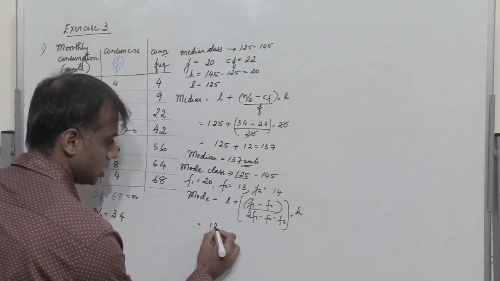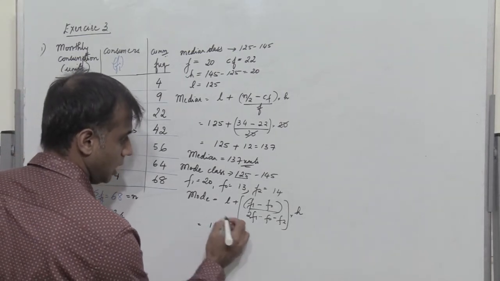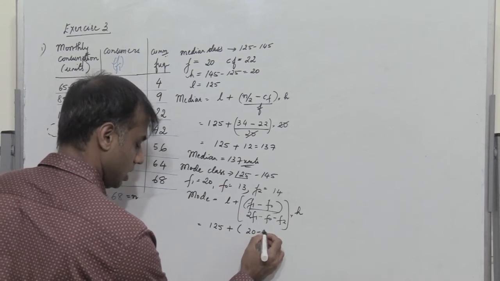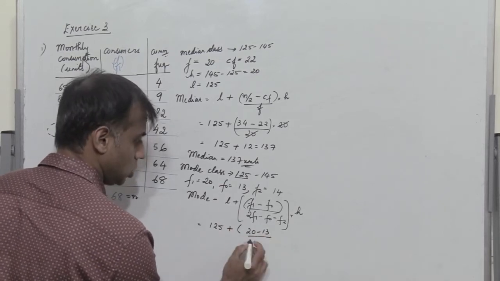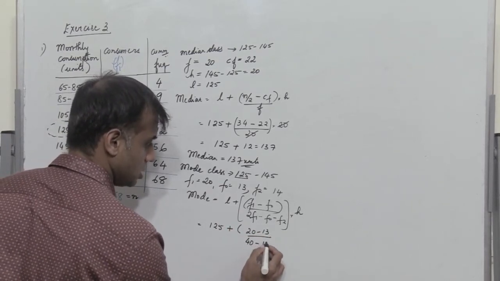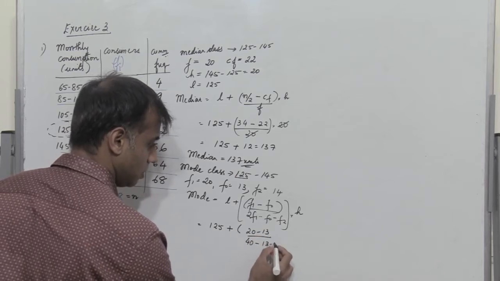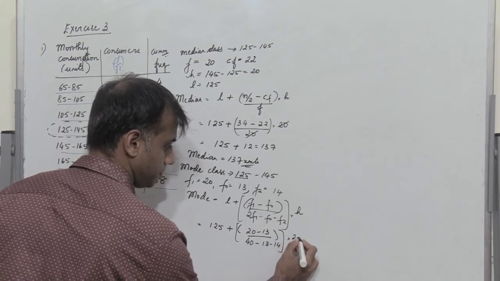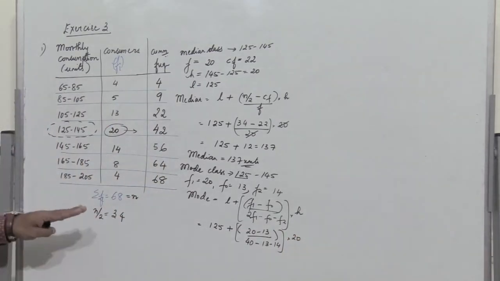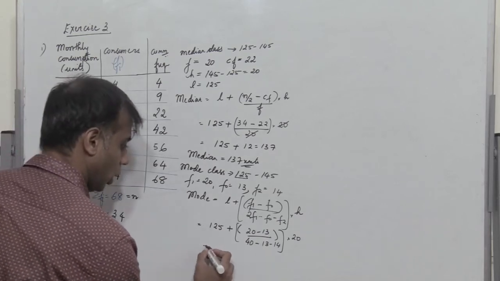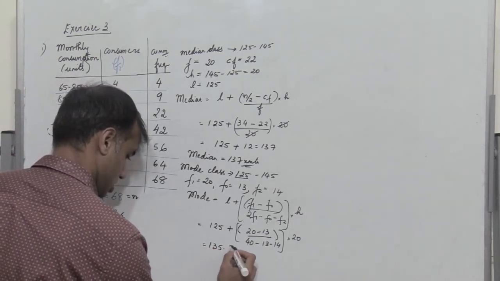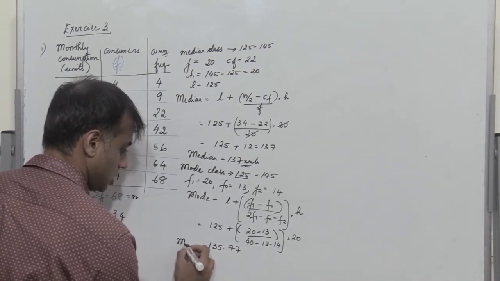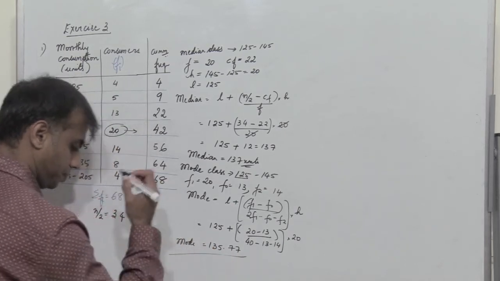L is 125 plus f1 which is 20 minus 30 divided by 2f1 which is 40 minus f0 which is 30 minus 14, the whole into 20. If I do the calculations, we get the mode value as 135.77. So this is the mode value.